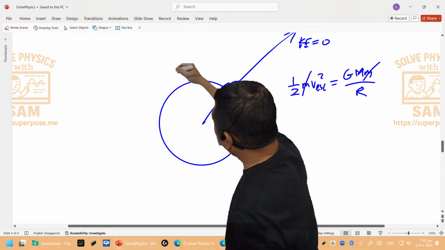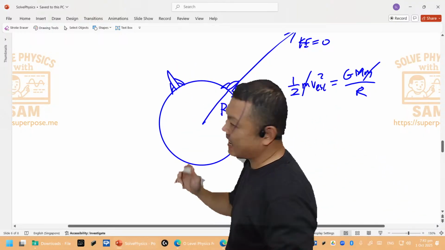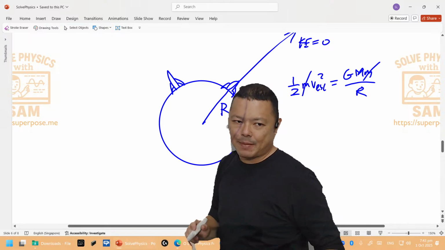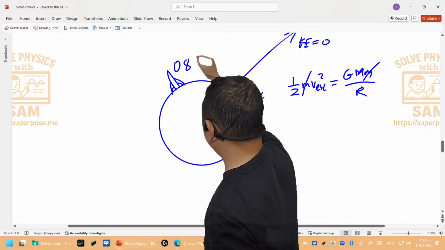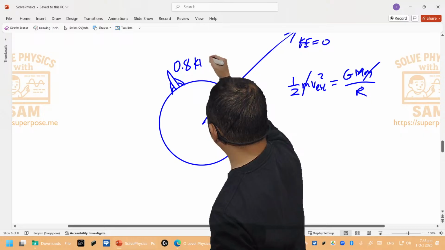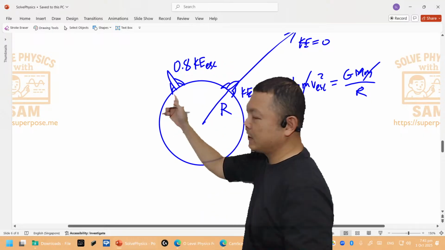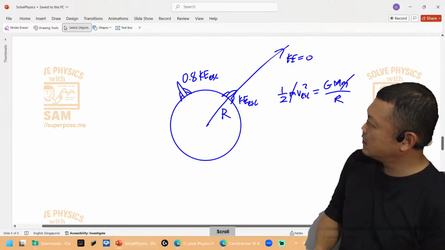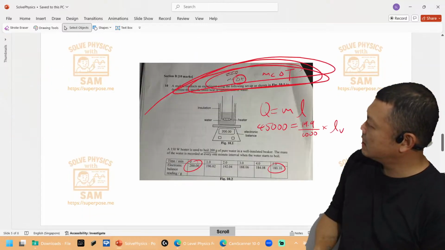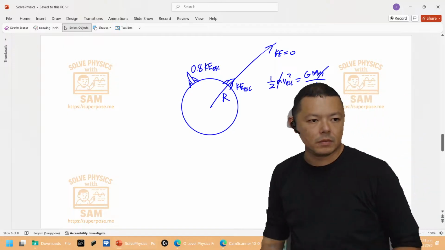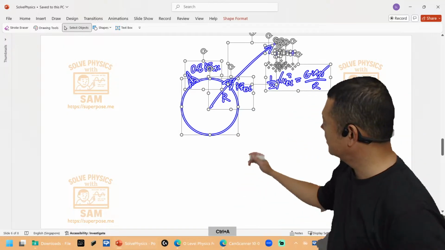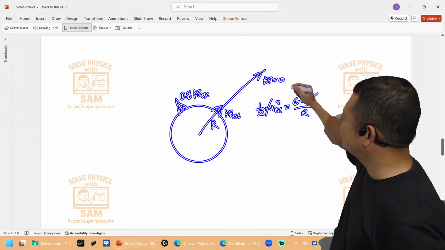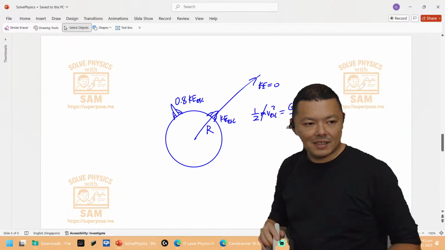Okay. So what happens if, let's say, you give another rocket 0.8 escape KE? What happened to this rocket? Yeah, it won't escape.